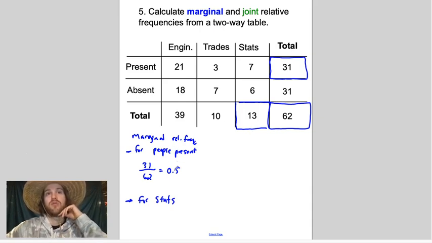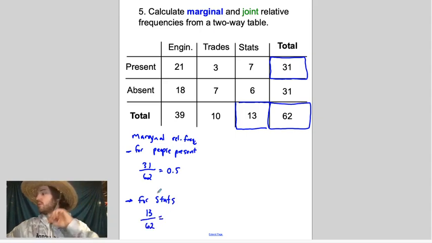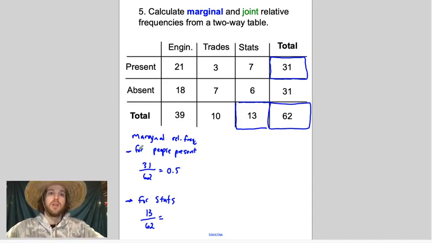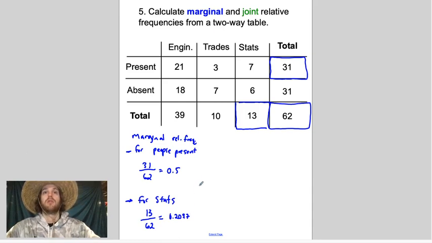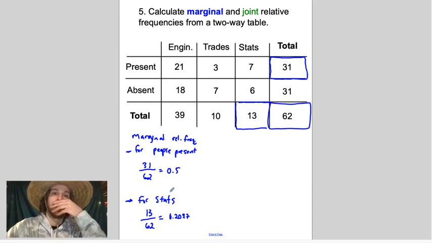This marginal relative frequency is not talking about attendance. It's talking about what percentage of my students are statistics students. So that is 13 out of 62, which is about 0.209, or 20.9%.